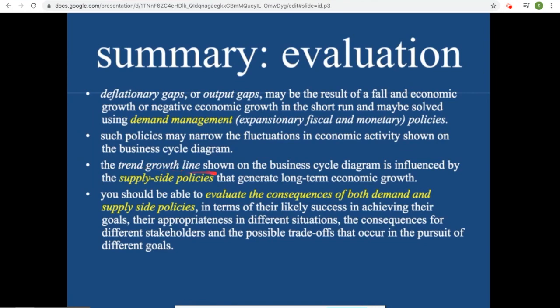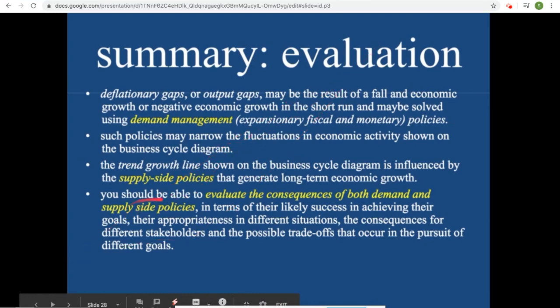The trend growth line shown on the business cycle diagram is influenced by the supply side policies that generate long term economic growth. As we know, the trend line in the business cycle, the trend line that we have, is the potential GDP. So that's the supply side, right?